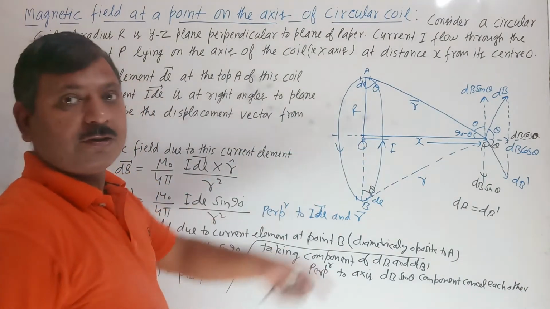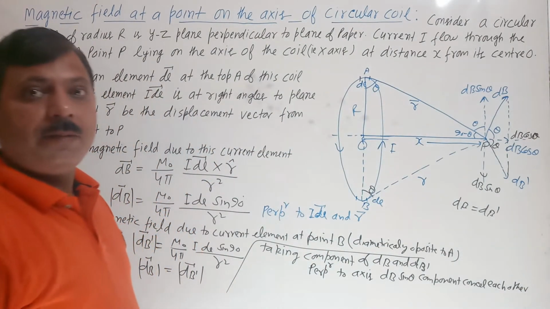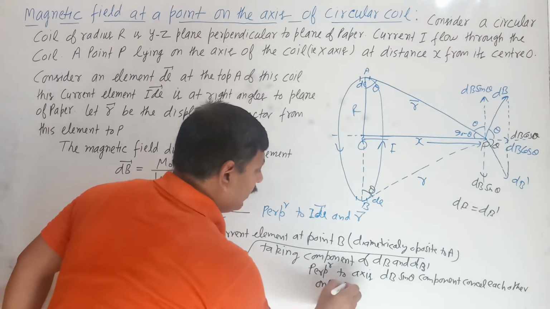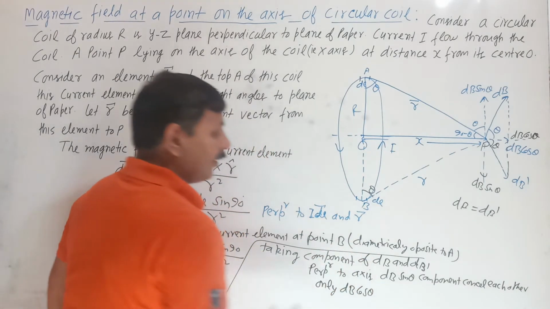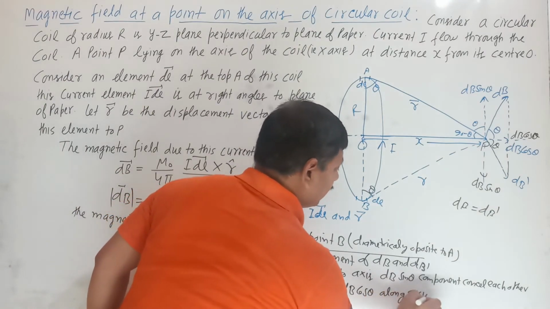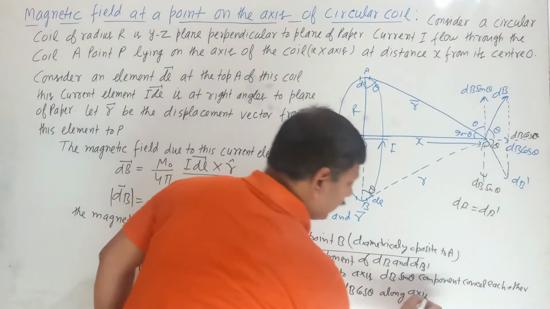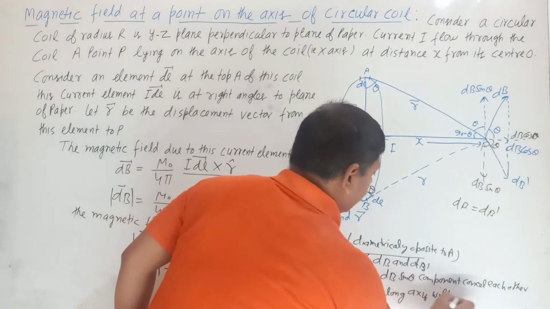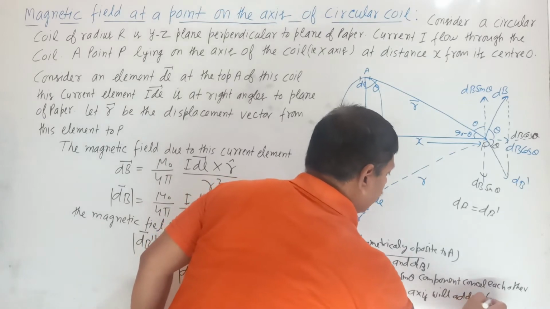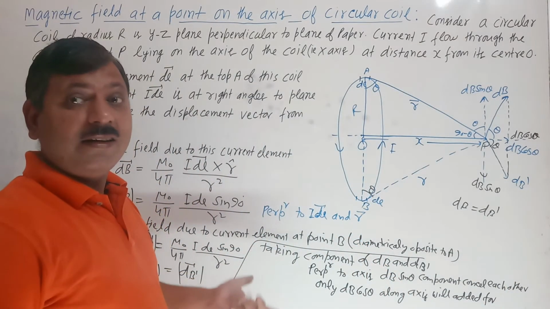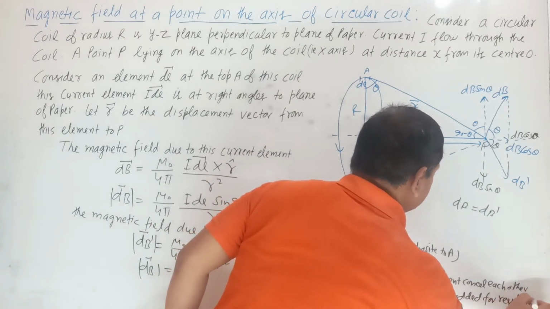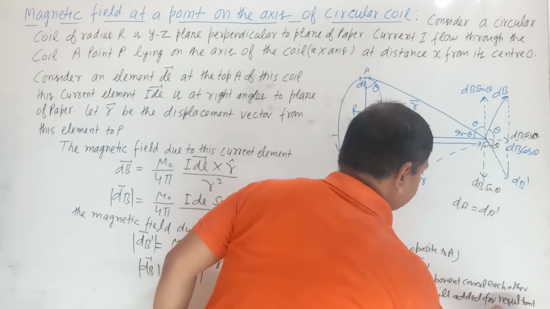Only dB cos theta, which component, beta? dB cos theta, only dB cos theta along the axis will be added for the resultant intensity.